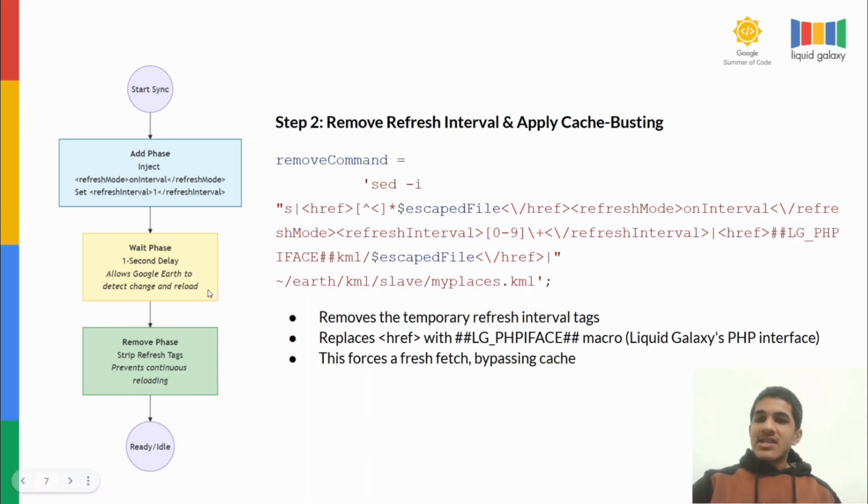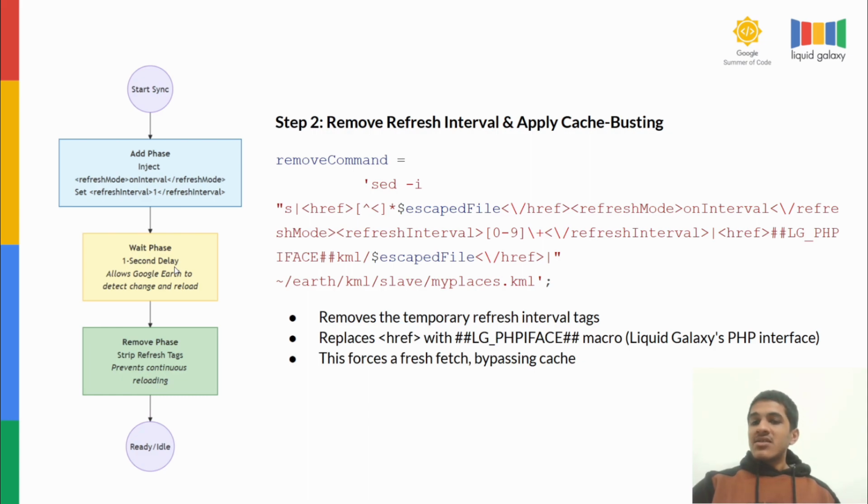As you can see in the diagram, it is easier to visualize and understand the process. Let's say this is our old KML file state, and we start sync. Then we go to the add phase, where we inject a refresh mode container and a refresh interval container and set it to 1 second, and then we wait. There is a wait phase where we add a 1 second delay.